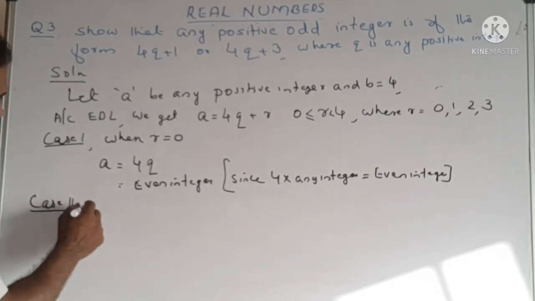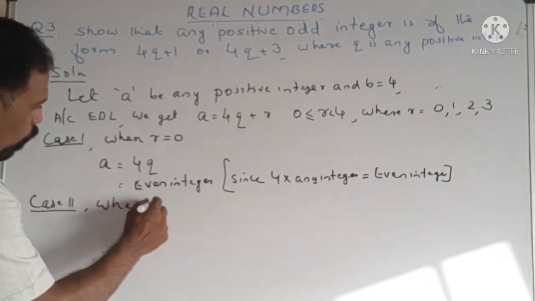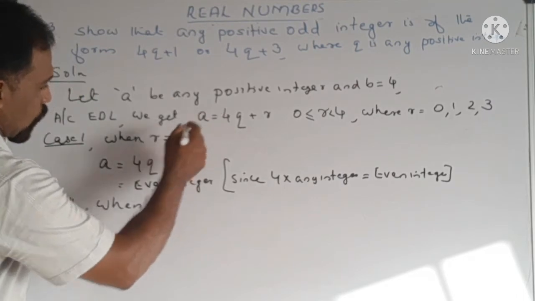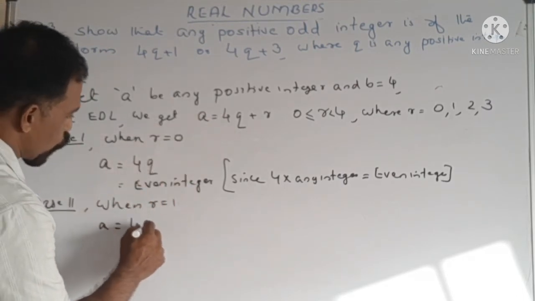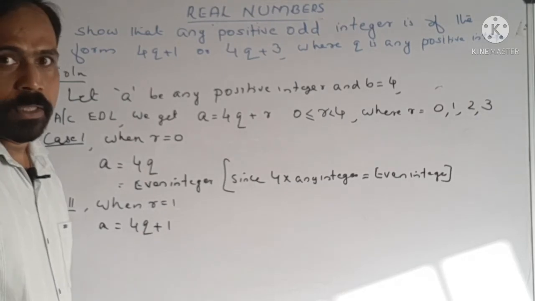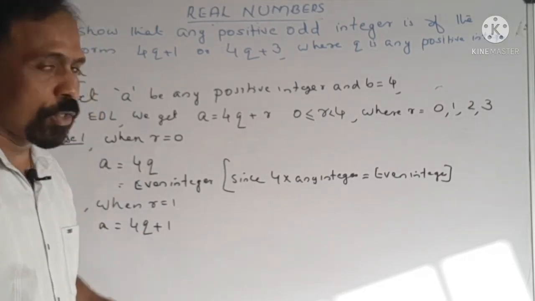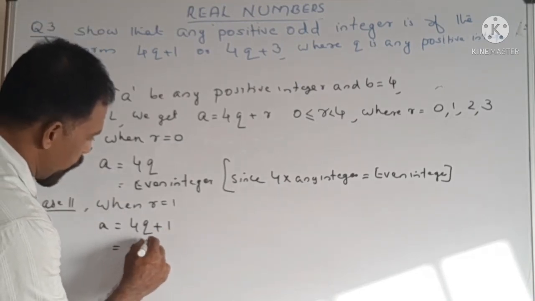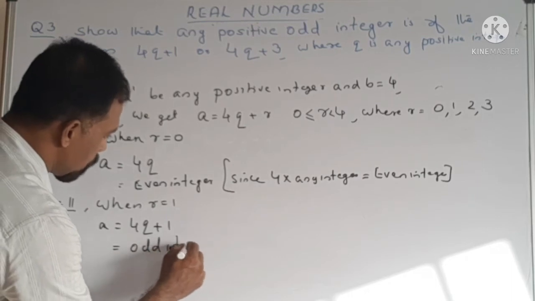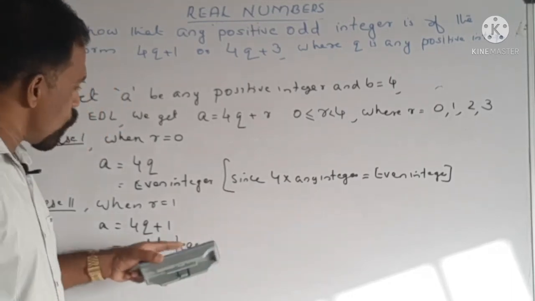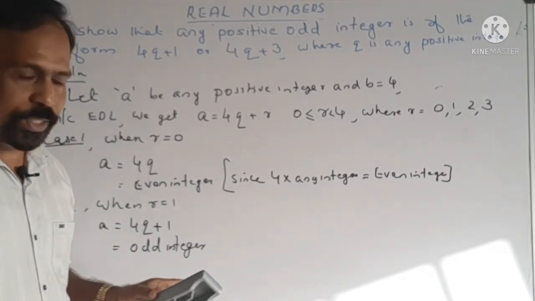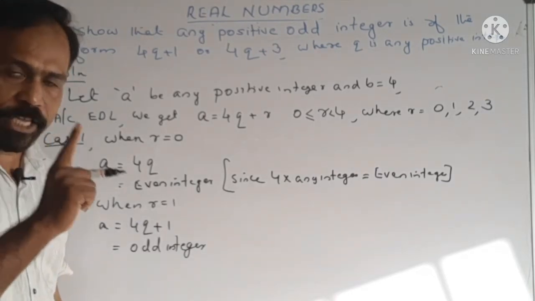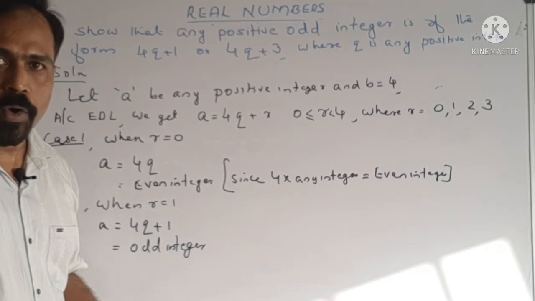Now let us take case 2, when r is equal to 1. Our equation will become a is equal to 4q plus 1. So 4q plus 1 will be an odd integer. Why? Because from case 1, we know that 4q is an even integer. If you add 1 to any even integer, you will always get an odd integer.